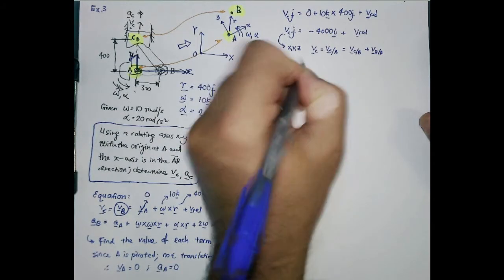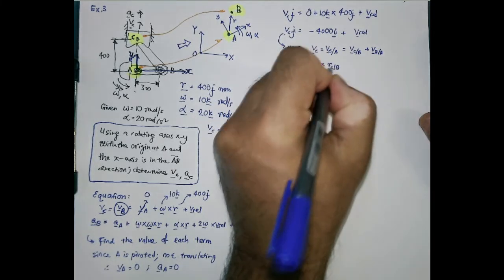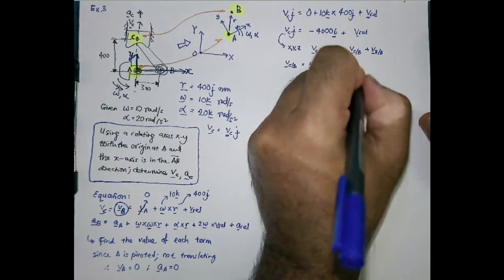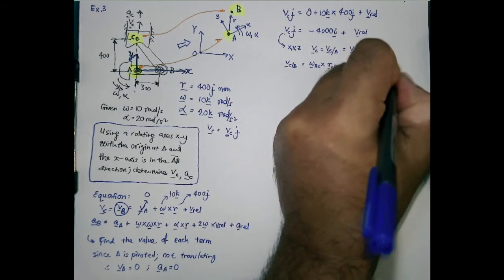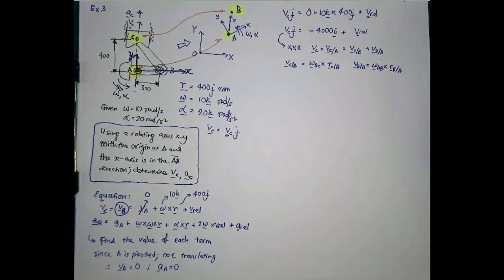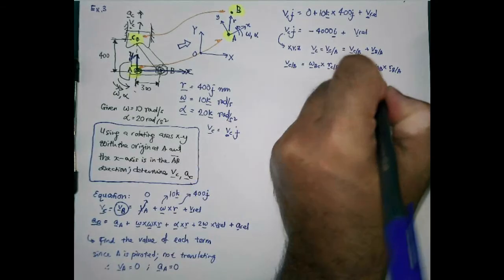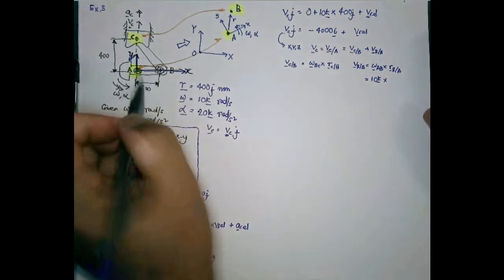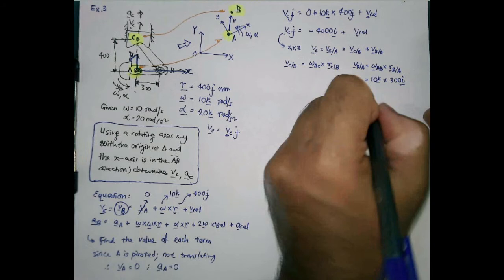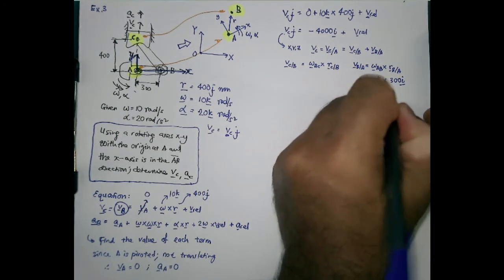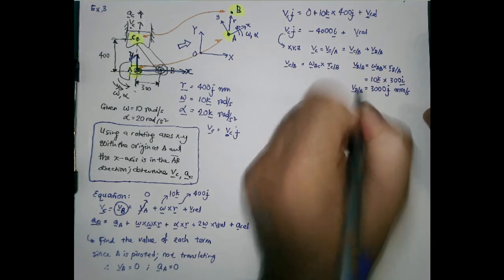VB relative to A is omega AB cross position vector B relative to A. This one we know to be 10k. Position vector B relative to A is 300I, so k cross I is J, so this is 3000J millimeter per second, and this is the vector for B relative to A.